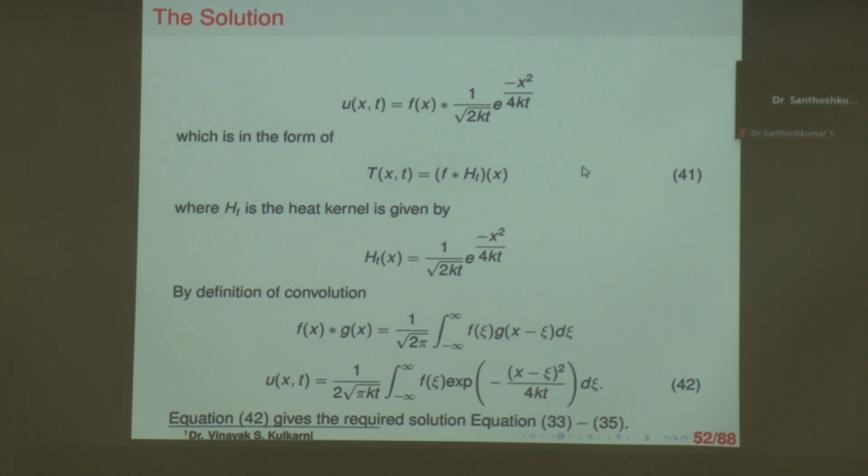So this equation 42 will give me the temperature at any particular point x at any particular time instant t. This is the temperature within an infinite rod, obtained using the integral transform technique. If you have any doubt in this particular method of solution, please talk to me.